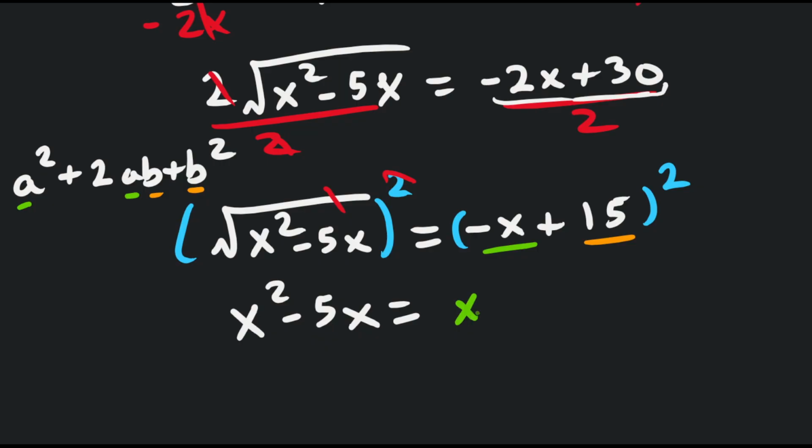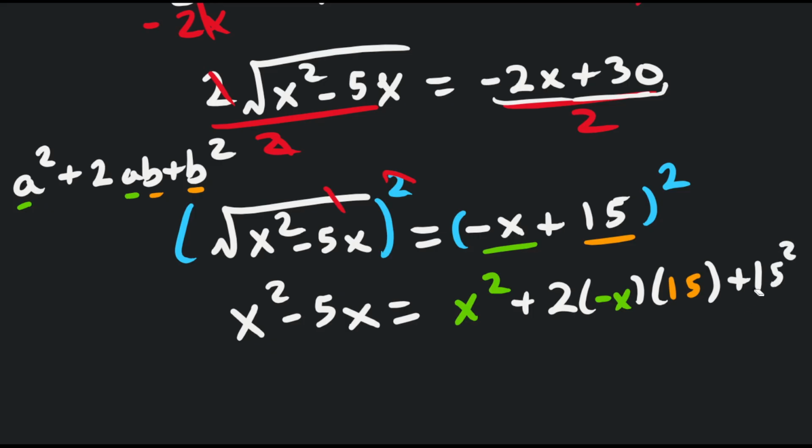That is just x squared plus 2 times A times B. So 2 times negative x times positive 15 plus B squared. So B is 15, so I'll just leave that as 15 squared. Let me just make that orange, so 15 squared. Great.